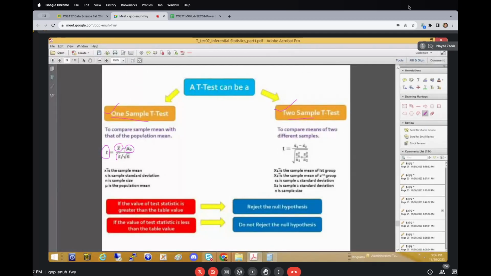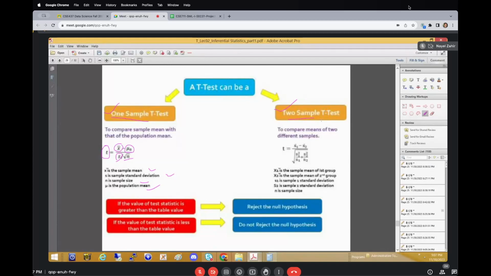This s means the sample standard deviation. So x bar is the sample mean, s is the sample standard deviation, n is the sample size, and mu is the population mean.